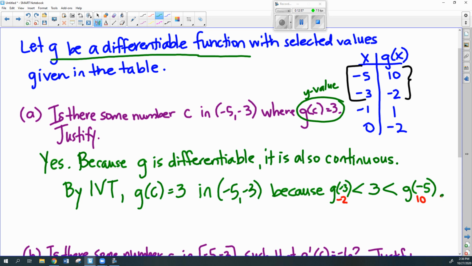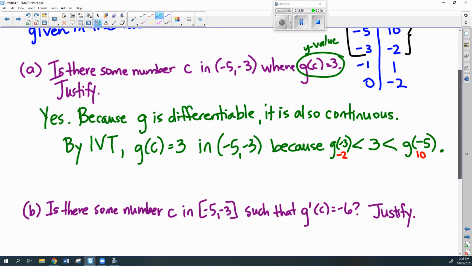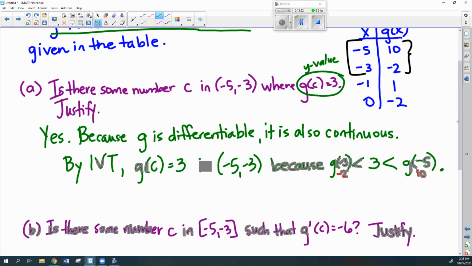So then we took it a step further and we said, okay, is there some number c in the closed interval such that g prime of c equals -6? And we have to be able to justify. Well, g prime is a derivative. Derivative goes with MVT, the mean value theorem. So I want to know, is there a place in this interval where the derivative is equal to -6?